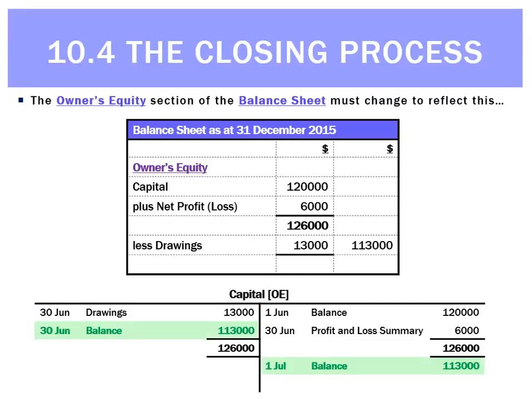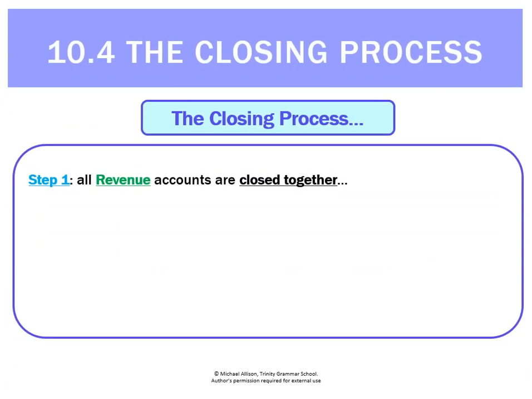That'll be 113,000, and that'll go in the second column. So you can see the balance of the capital ledger matches the total of the owner's equity section of 113. And the good part of that is we can see why capital went down very clearly. Net profit of 6, but drawings of 13. It's clear and understandable.